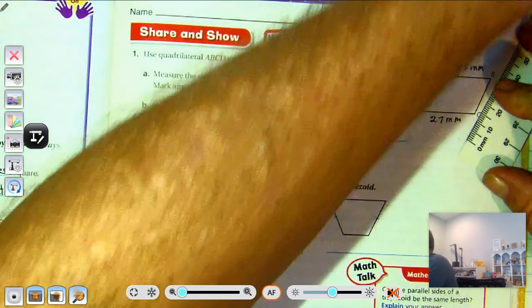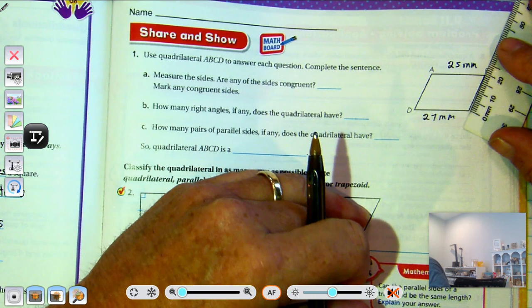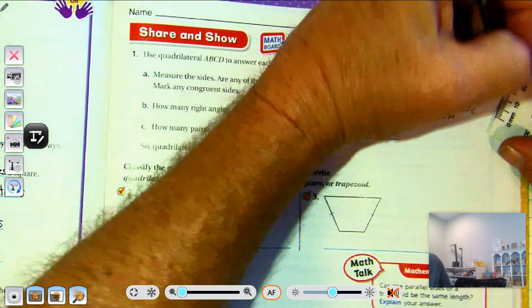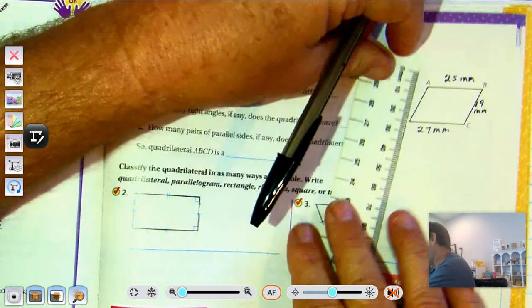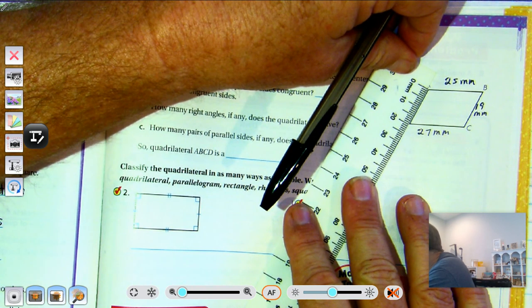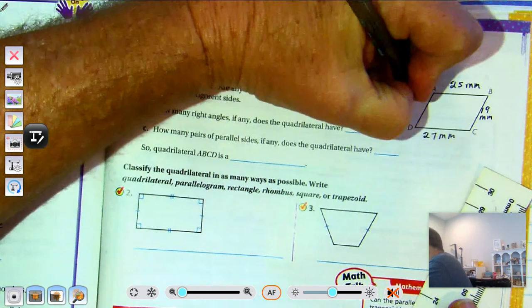Side CB, I'm going to say 19 millimeters. And side AB is also 19 millimeters.